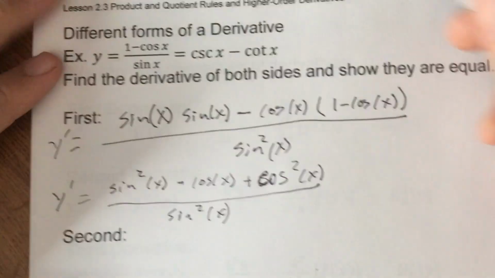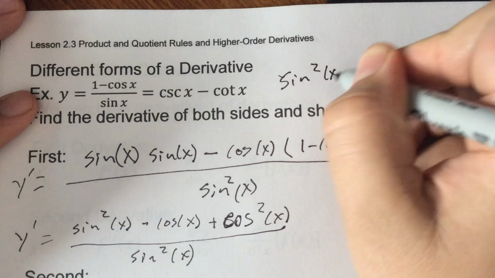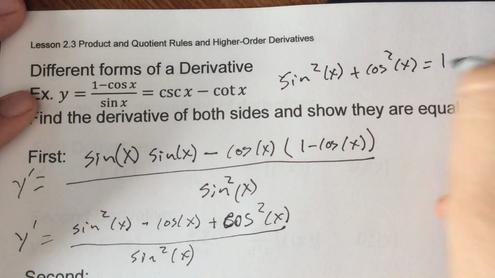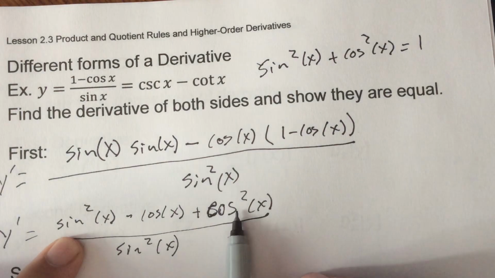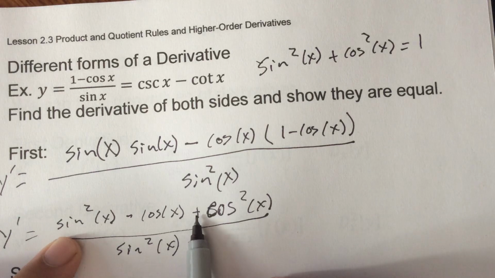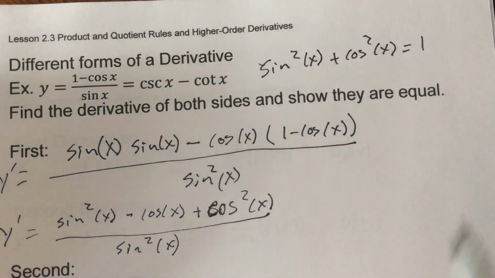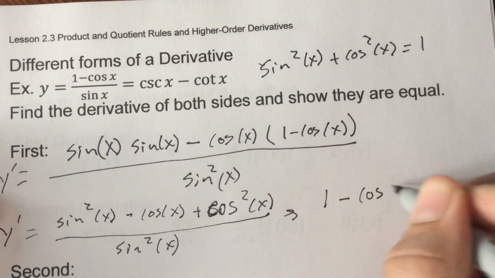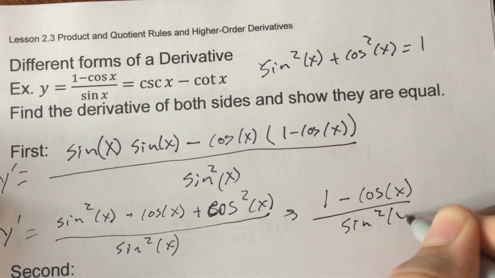Now, there is a trig identity, I'm going to write it up here, where it says sine squared plus cosine squared equals 1. It's a Pythagorean identity. So we have a sine squared and a cosine squared that happen to be plus, even though the cosine's in the middle, but those parts could add together, and we end up with 1 minus cosine of x over sine squared of x.